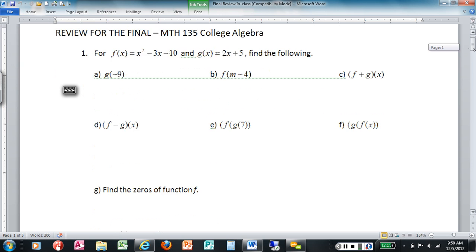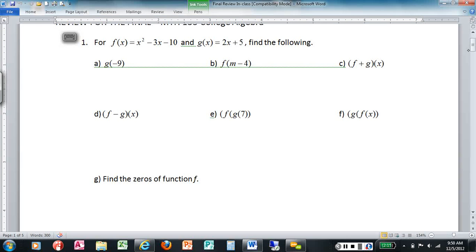is just asking 1a. What's that wanting? Well, that's just function notation. And to figure out g of -9, what does that mean? It means plug in -9 for my input.